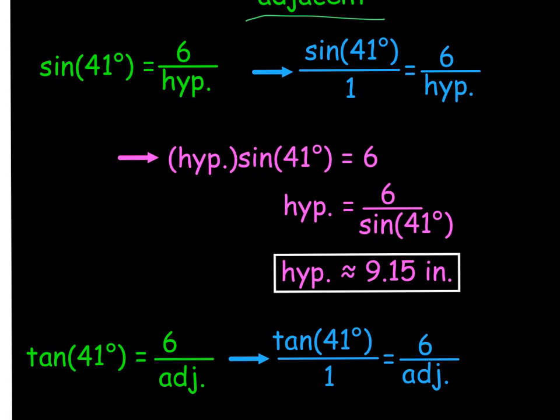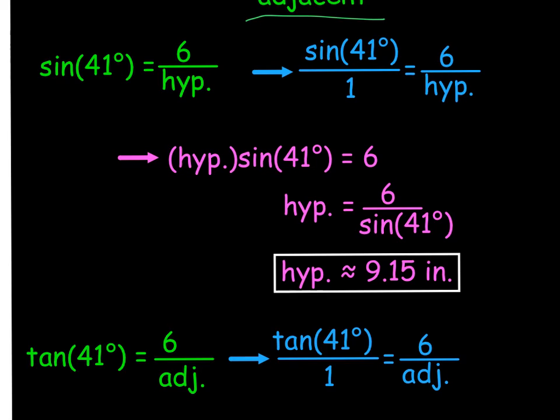So that would give us the tangent of 41 degrees is equal to 6 divided by the adjacent side, and that's just because the angle we're talking about is the 41 degree angle. The opposite side is equal to 6, and the adjacent side is what we're looking for.